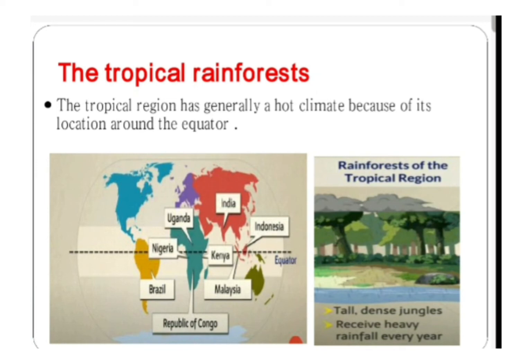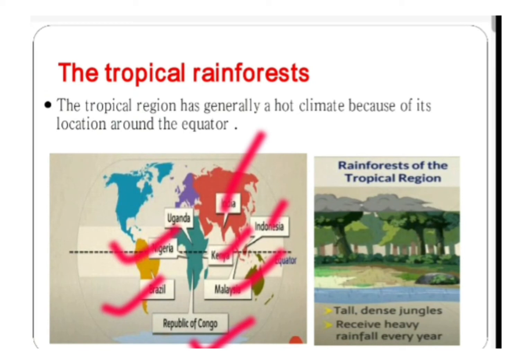Examples of some countries where tropical rainforests are found are India, Indonesia, Kenya, Malaysia, Republic of Congo, Brazil, Nigeria, Uganda.